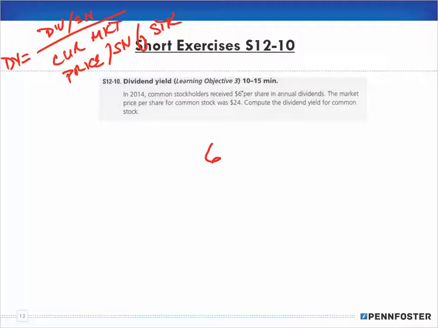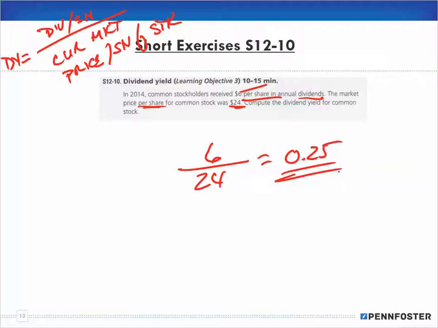My dividends per share, my annual dividends, is $6, and that's over my current market price. So the market price per share was 24. So 6 divided by 24 is 0.25, and that's all there is to it for getting the dividend yield. So with that said, we're done with the short exercises.